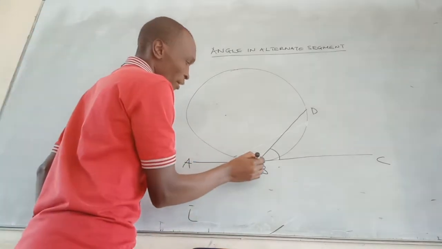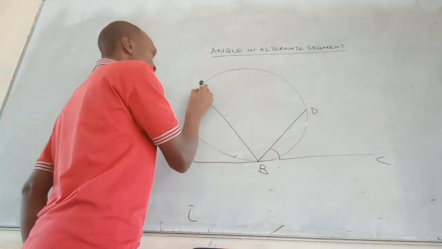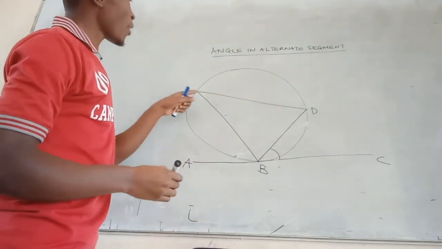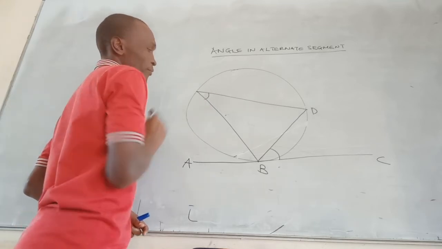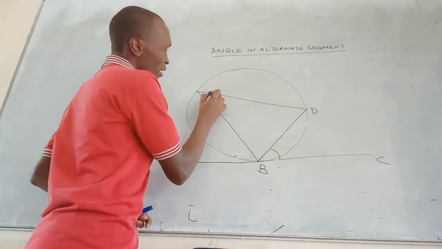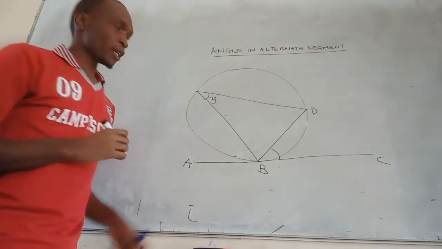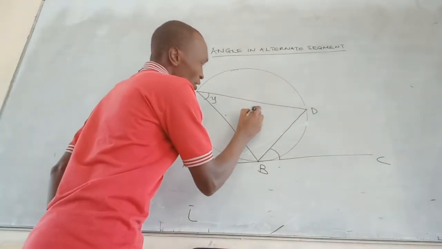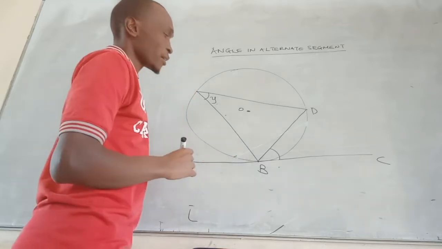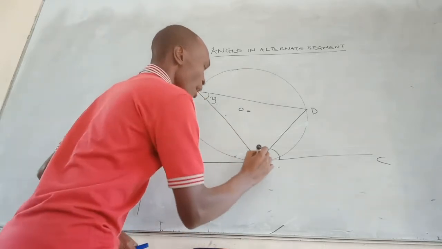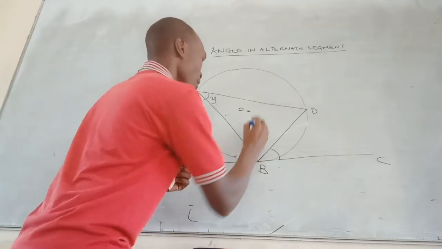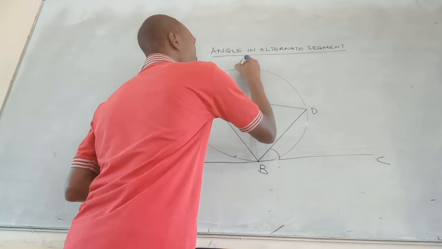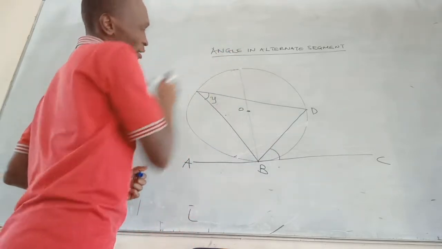Now, if chord BD forms an angle at the circumference of the circle, let's call this angle Y. We may introduce the center O there. Then we draw a straight line to join B from the center and the circumference of this circle.